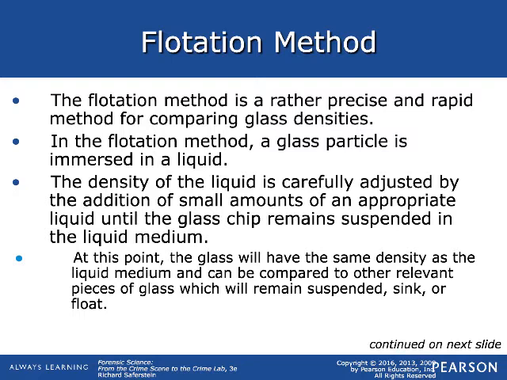At this point, the glass will have the same density as the liquid medium and can be compared to other relevant pieces of glass. If they're more dense, they're going to sink, or they might float, or they might remain suspended. So we'll try to do this flotation method.